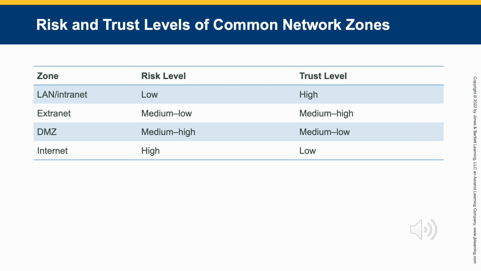DMZ, the demilitarized zone, is where you put your public servers, web servers, and that kind of stuff for the public to look at. The risk level for that would be medium to high, and the trust level is medium to low, so we don't trust the DMZ. Internet: risk level is high, trust level is low. We don't trust anything coming from the internet. That's why we have the firewall for packet filtering.